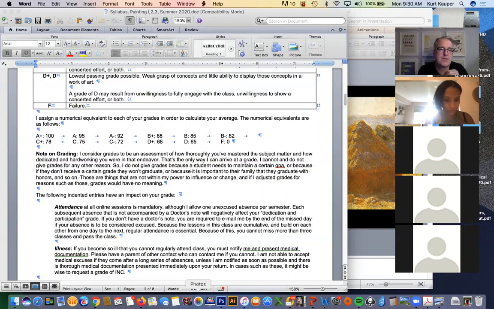And then each subsequent absence that is not accompanied by a doctor's note will negatively affect your dedication and participation grade. If you don't have a doctor's note but you have some other family emergency, I will be pretty flexible in understanding that kind of thing as long as you email me that day.